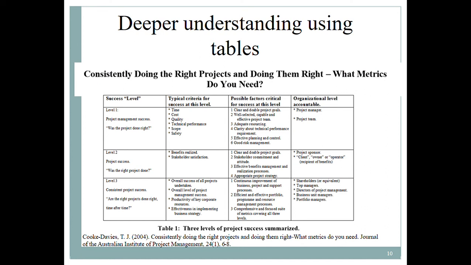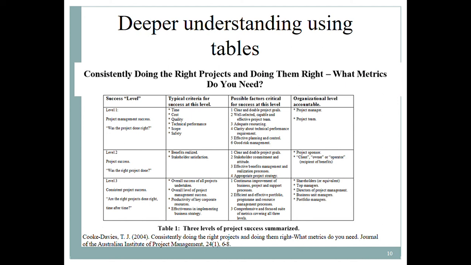As you see, it concentrates on the metrics. And which metrics? You will see that we have this table about the 3 levels of project success summarized. If you just look at the table, you will get the main idea about the paper.